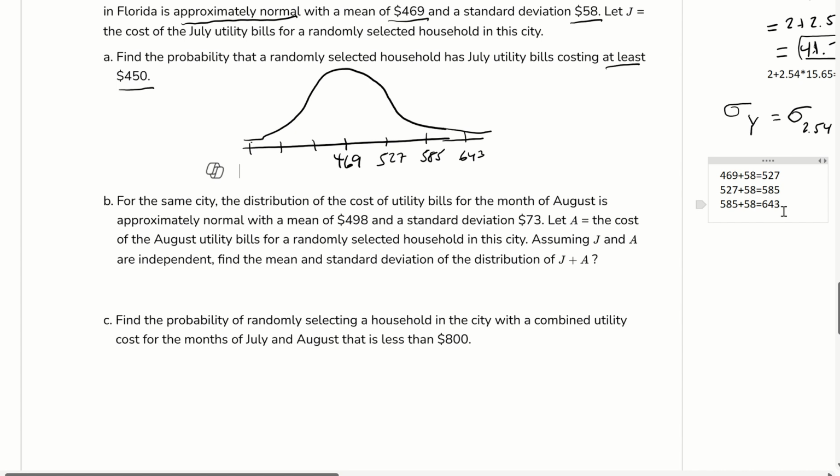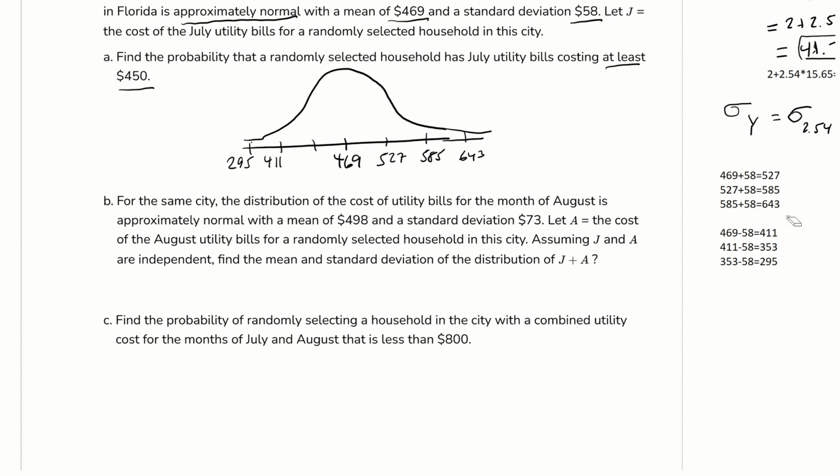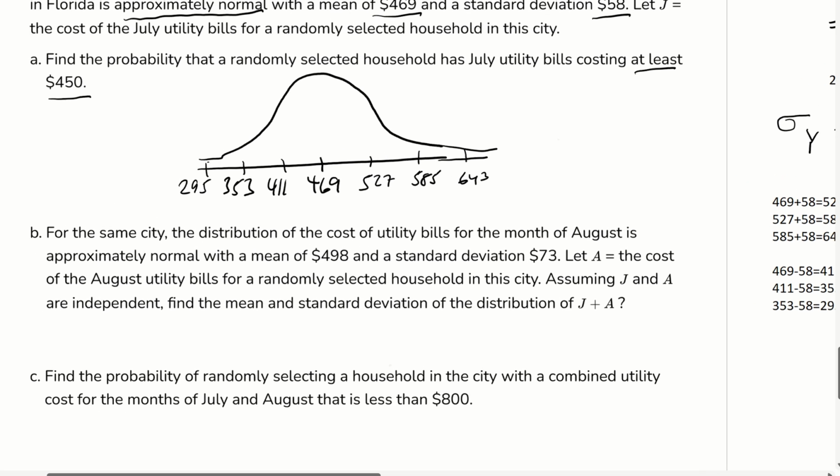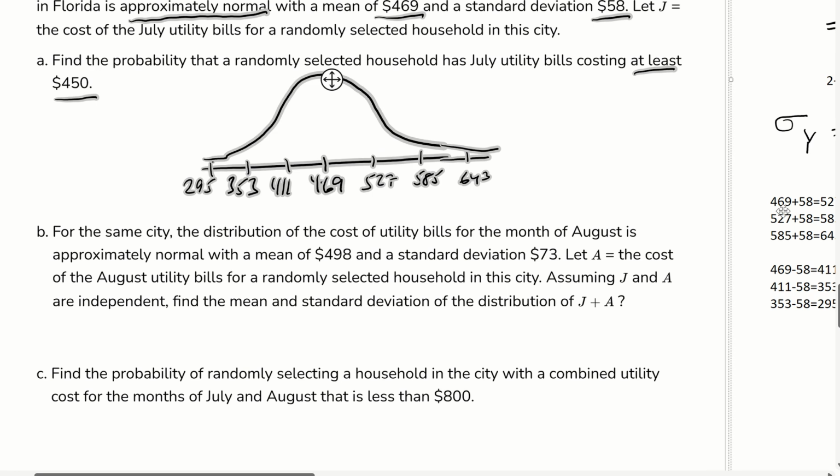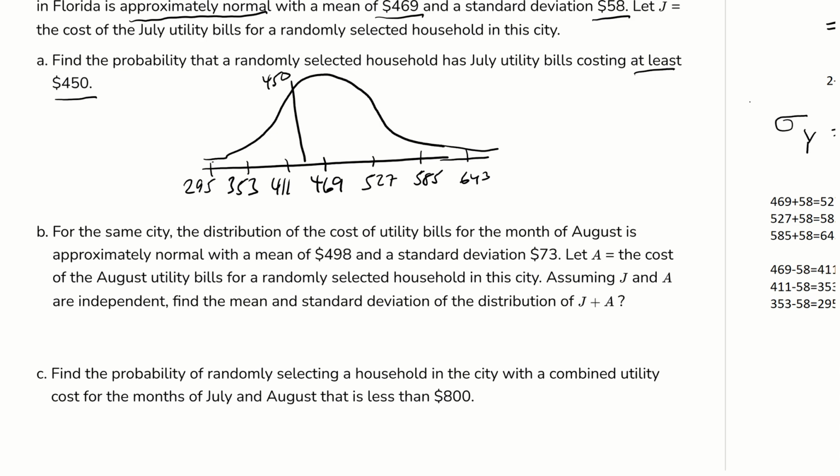All right, and then I'm going to subtract. Okay, and then it says at least 450, so it's 450 or higher. So 450 is right around here. We want it to be at least, so it's going to be greater than or equal to.